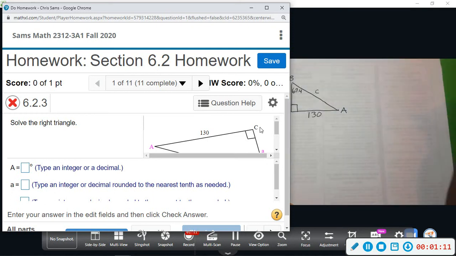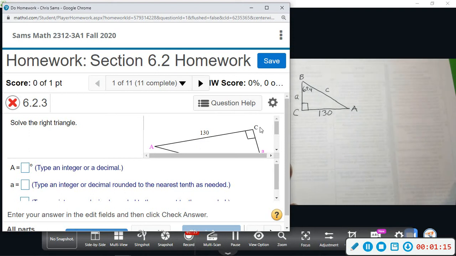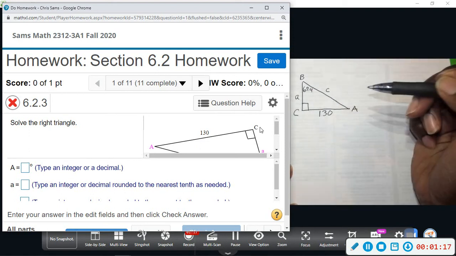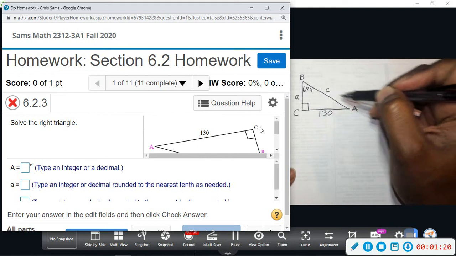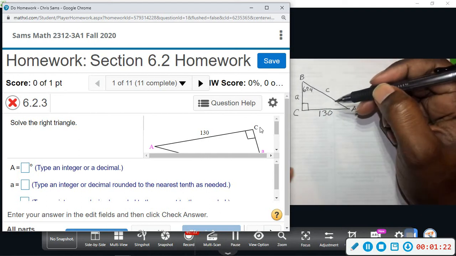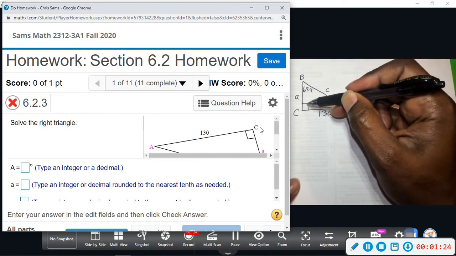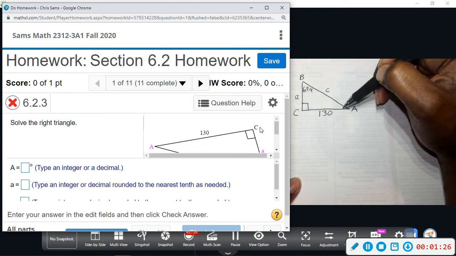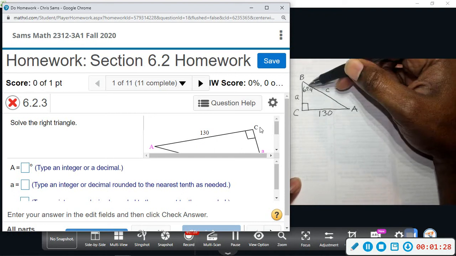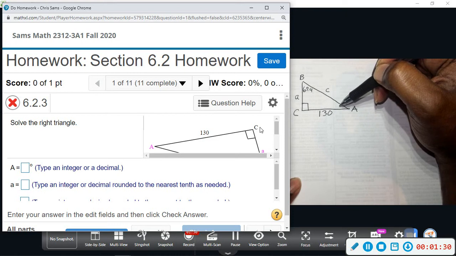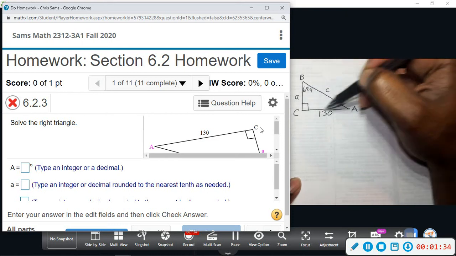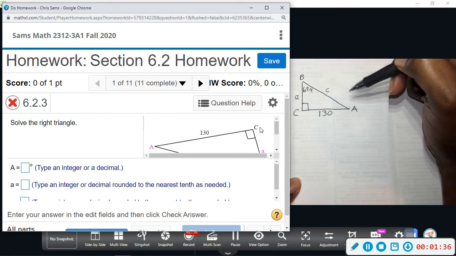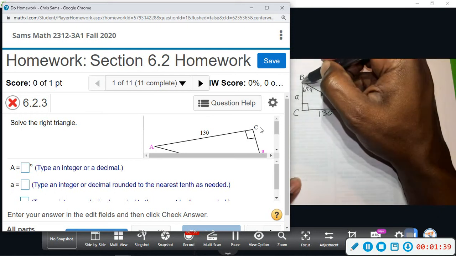Alright, so the first thing we want to do when solving this right triangle is find all the angles. We have a 90-degree angle. These two are complementary angles, meaning they add to 90 degrees. Or you can look at the whole triangle as 180. Either way, it works.